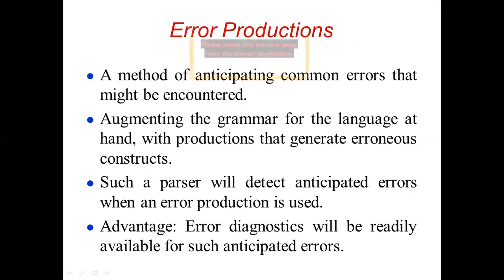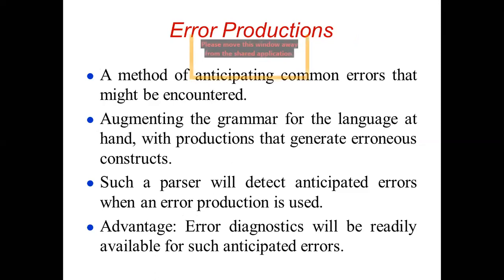Error productions: a method of anticipating common errors that might be encountered, augmenting the grammar for the language at hand with productions that generate erroneous constructs. Such a parser will detect anticipated errors when an error production is used. These are errors at the higher level, and here the parser will detect those errors.